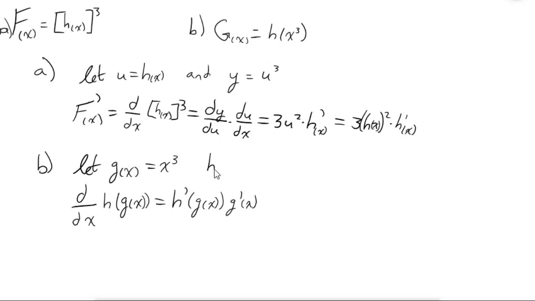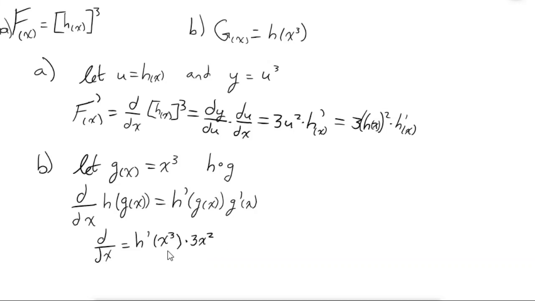So we are doing h of g of x. So the derivative in this case is going to equal, substituting in our values that we have, h prime, and our g of x we've already determined as x cubed, multiplied by our derivative of g of x, which, well, the derivative of x cubed is equal to 3x squared.